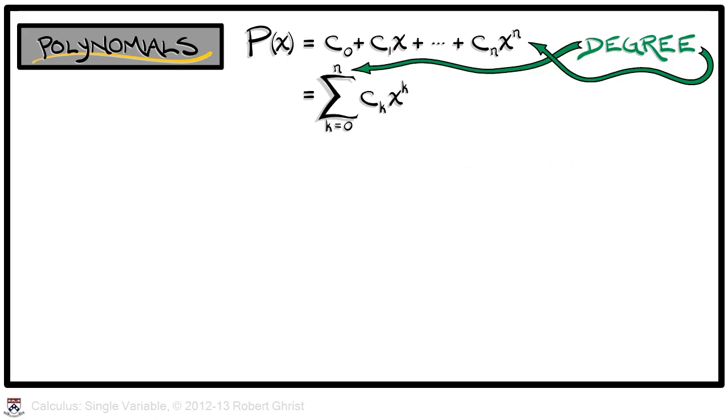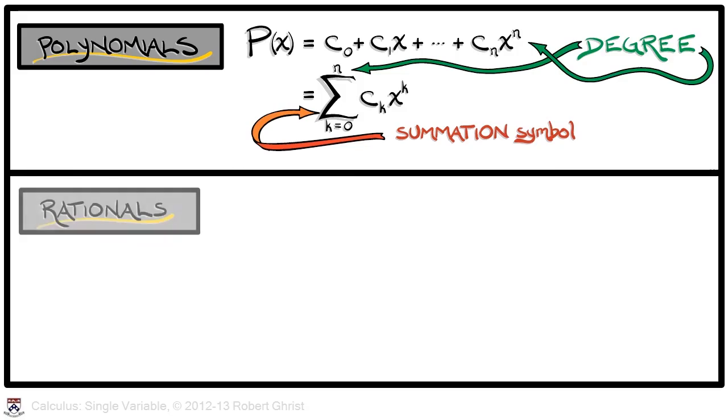There is a summation notation that makes writing out polynomials very simple. We use the Greek capital sigma and write a polynomial as the sum, sigma, as k goes from 0 to n of c sub k times x to the k. Here, the c sub k's are coefficients, or constants.